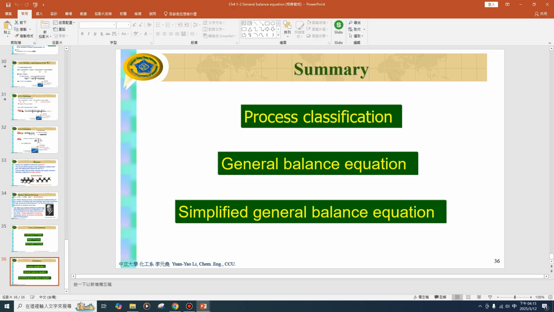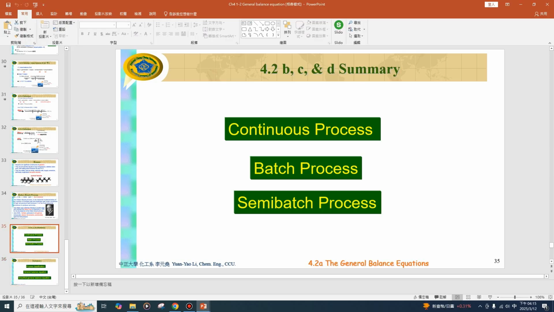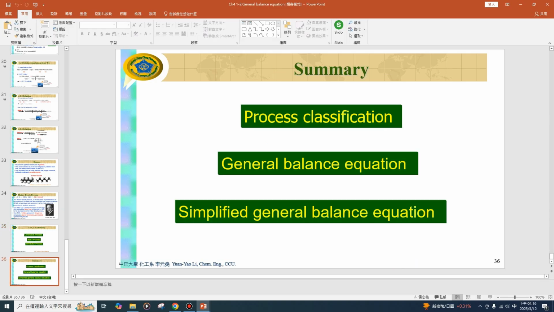We understand that it can be a continuous process. Classification 1 is continuous process, batch process, or semi-batch process. Or steady state process, or transient state process. That's classification 2, right? And after that, we know the general balance equation.